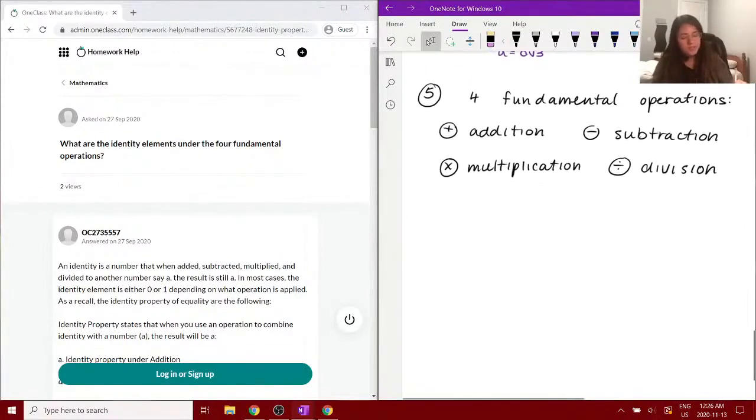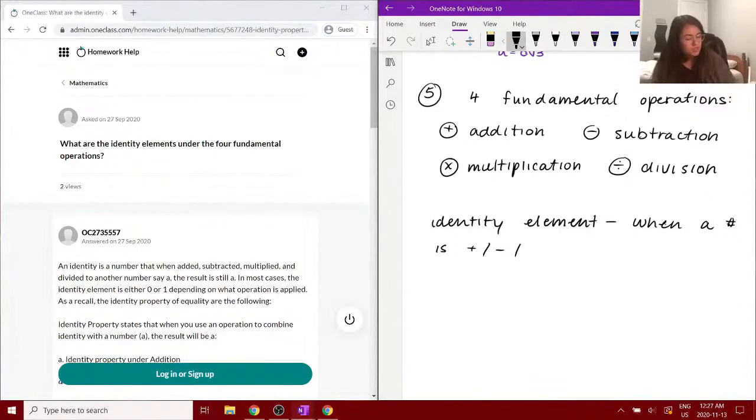And what is an identity element? Identity element, that is when a number is added, subtracted, multiplied, or divided by this identity element, the number will stay the same.